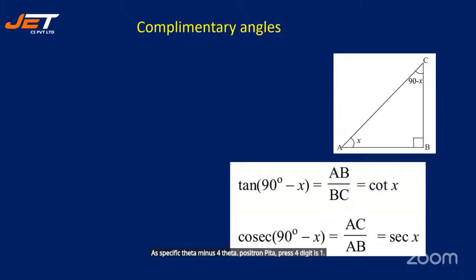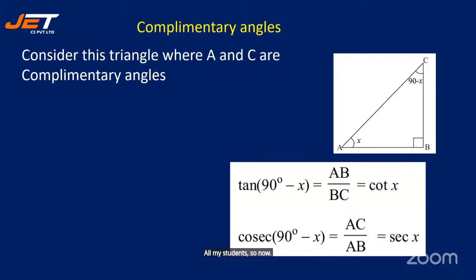All right, students. So now consider this triangle where A and C are complementary angles. So we have tan of 90 minus x is cot x. Cosecant of 90 minus x is secant x.